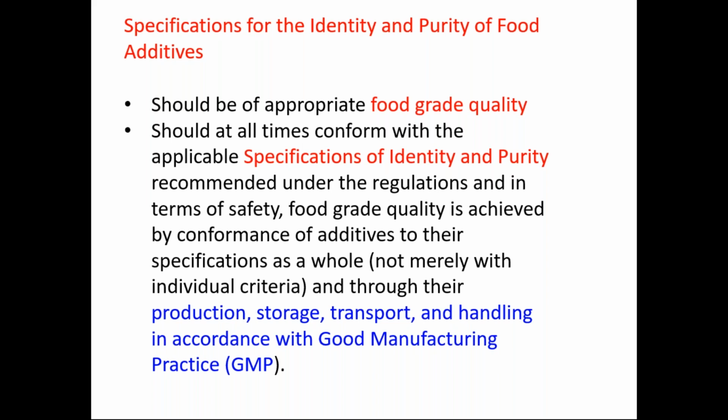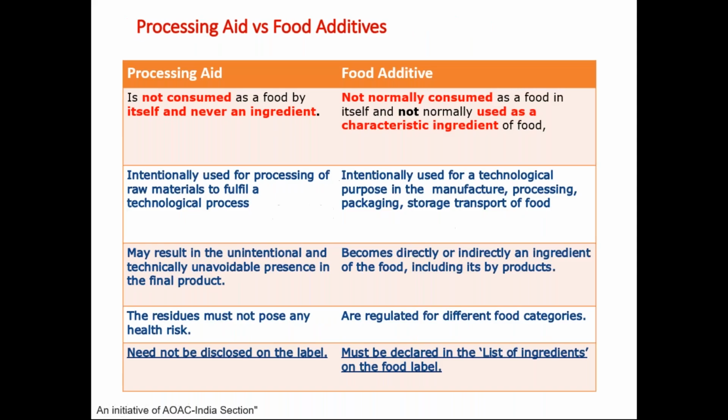And these additives must conform to the specification throughout their product storage, transport, and handling in accordance with GMP. So let us look at the examples for the food additives.